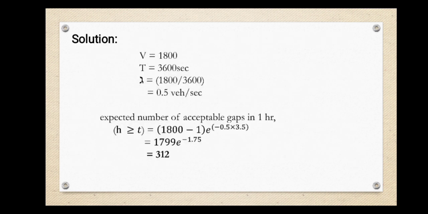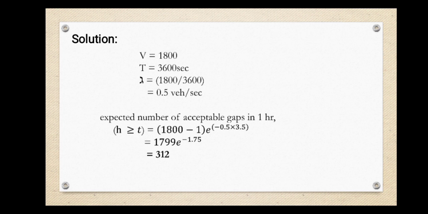So first is to list the data. We have V equal to 1,800 vehicles per hour, T equal to 3,600 seconds, and lambda equal to 1,800 over 3,600, which is V over T, equal to 0.5 vehicles per second.